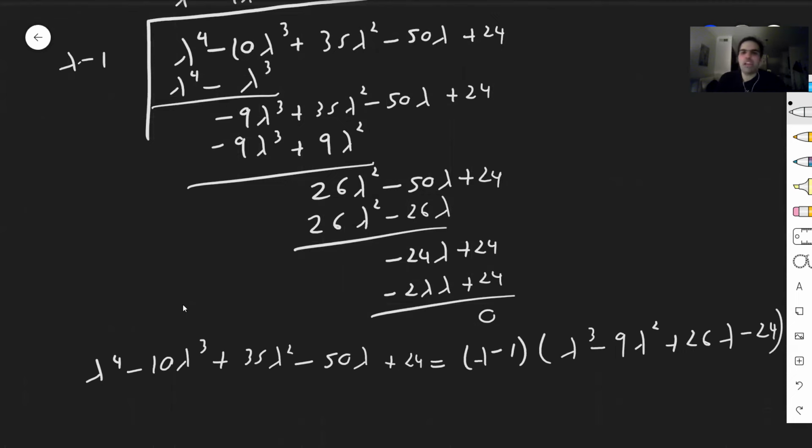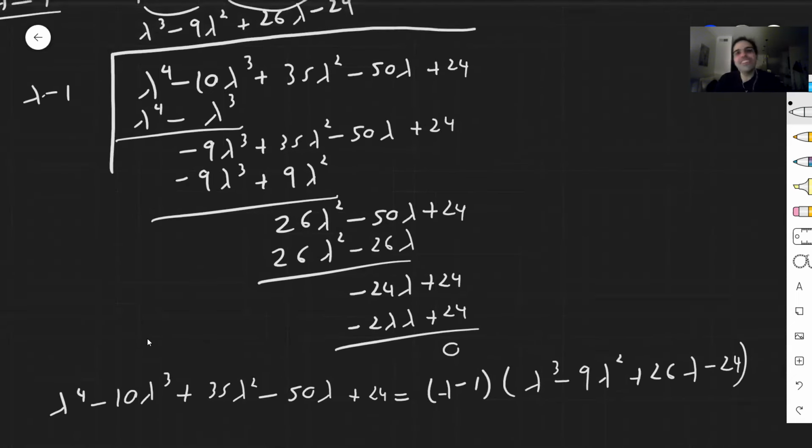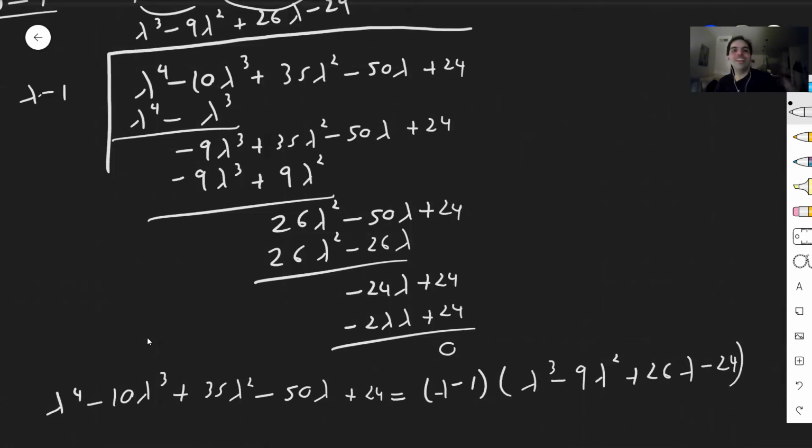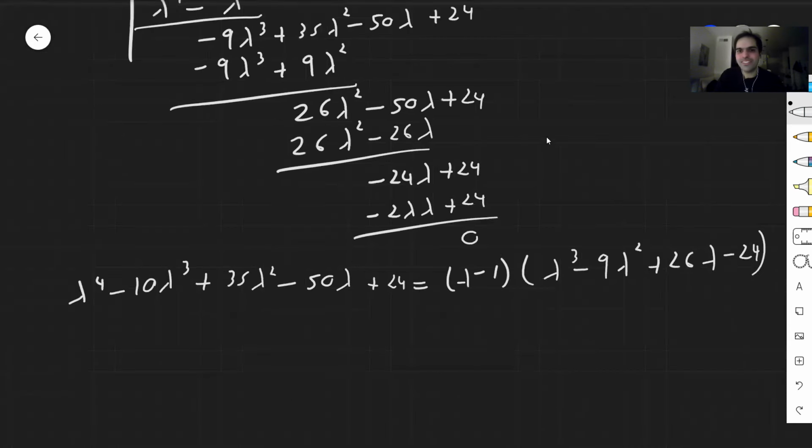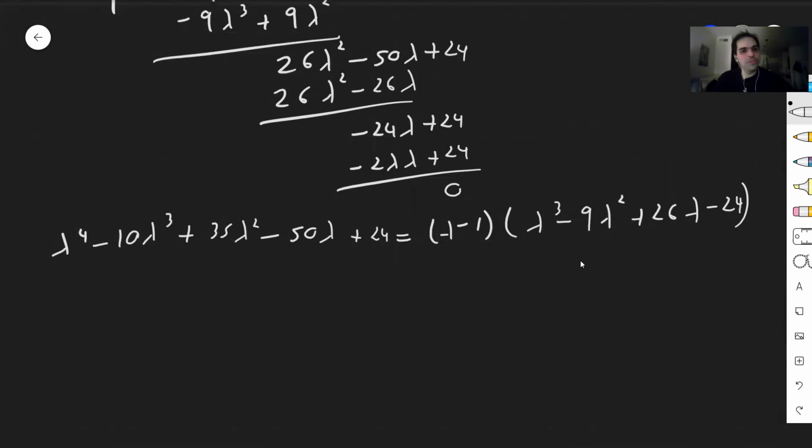And of course, you're like, oh, I found a faster way. I don't care, because the point here is to do it the routine way, not the fast way. So in fact, now let's look at this lambda cubed minus 9 lambda squared plus 26 lambda minus 24.